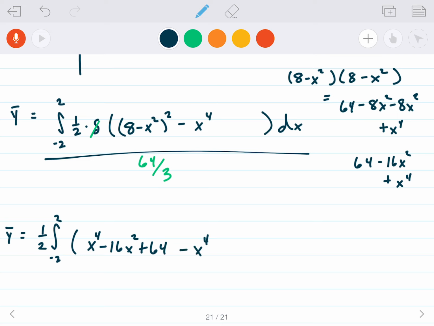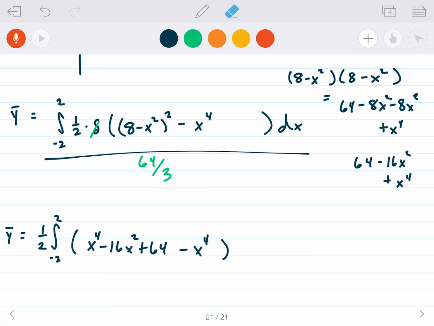Those x to the 4ths are going to cancel. Let me just double check this. One wrong move could be fatal. So we got 64. Yeah, that looks good.